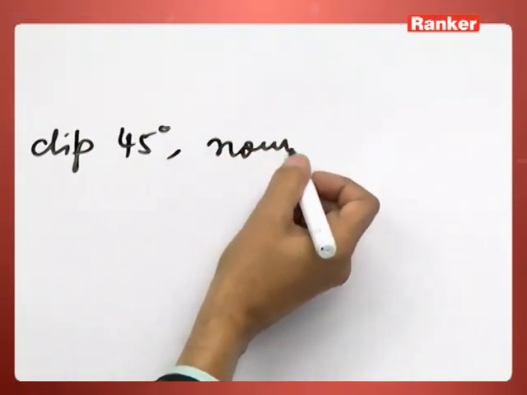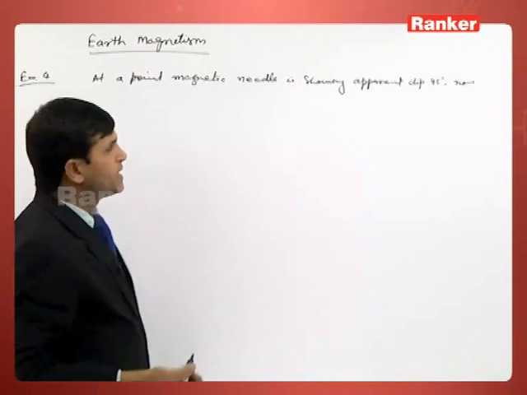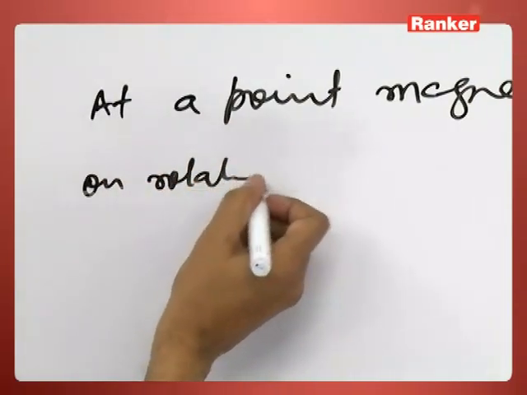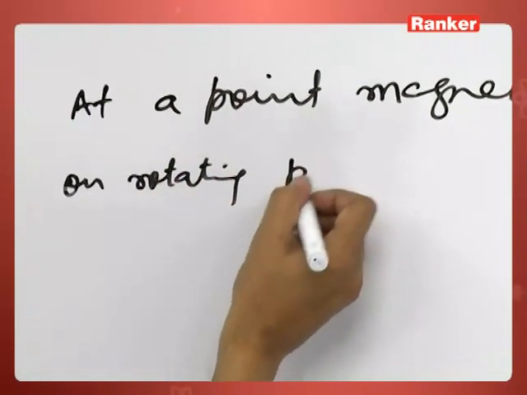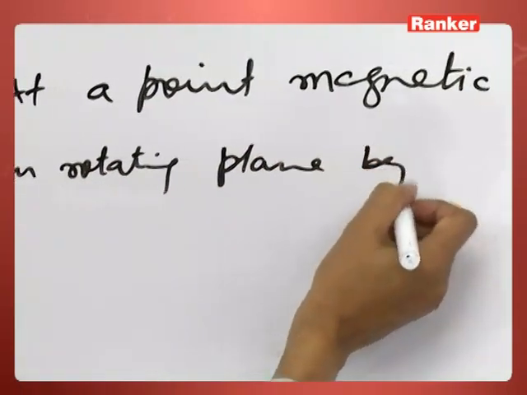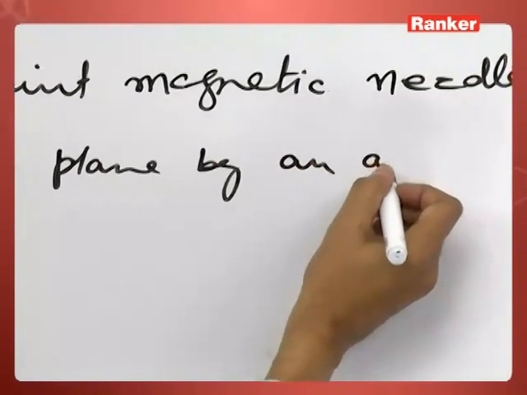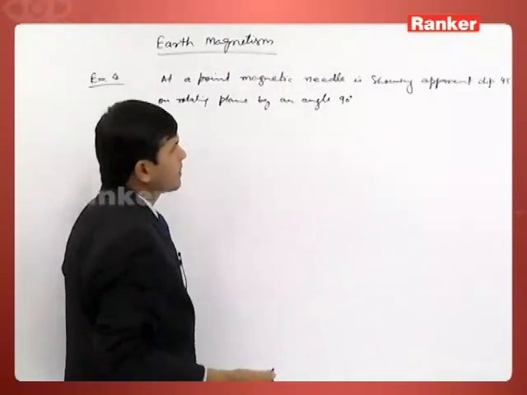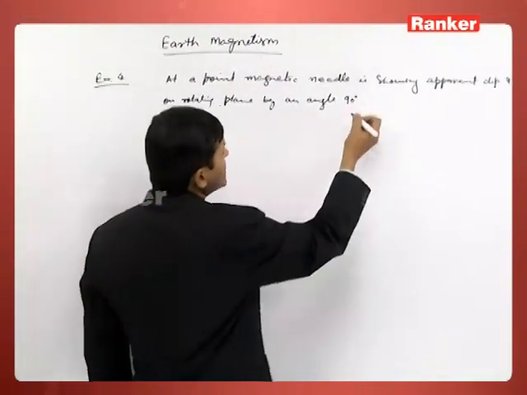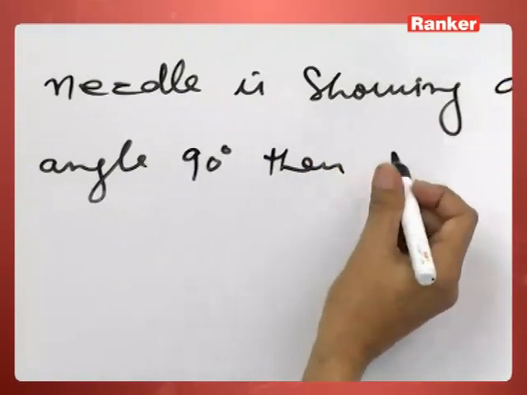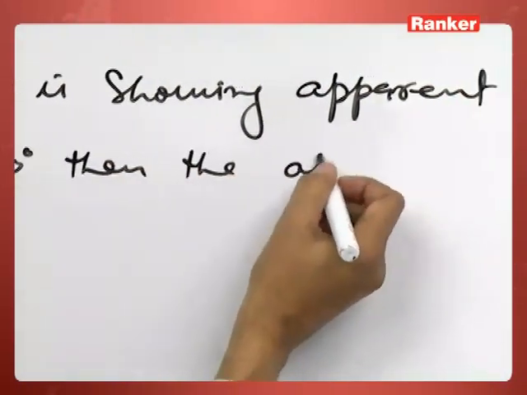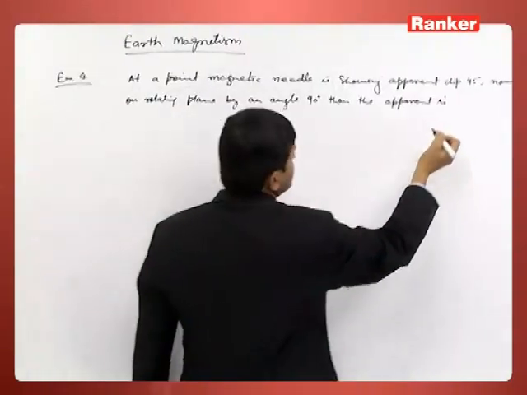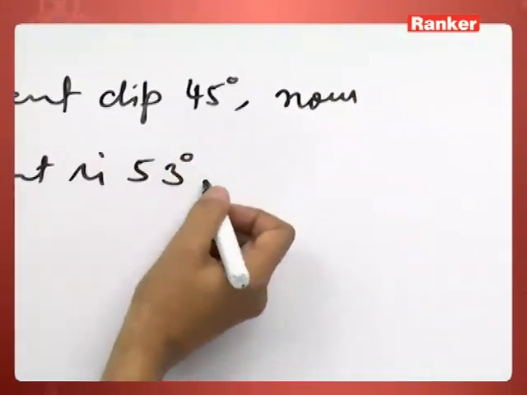Now on rotating the plane by an angle of 90 degree, the apparent dip is 53 degree.